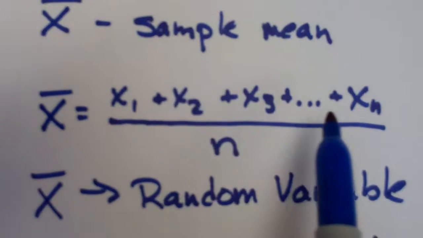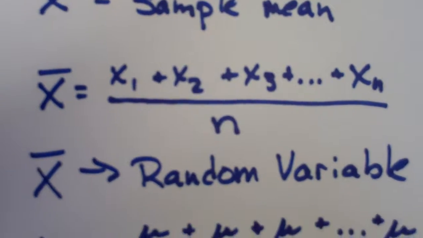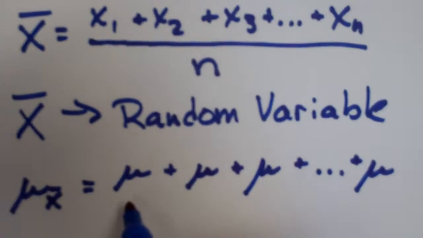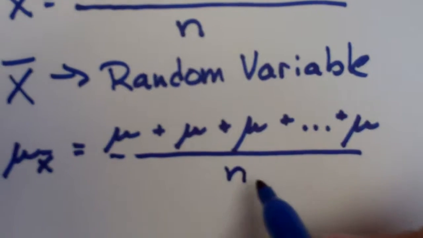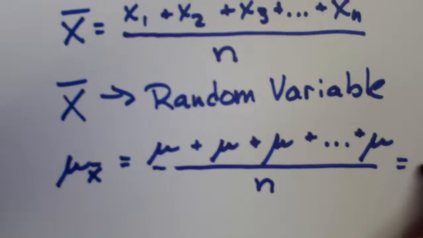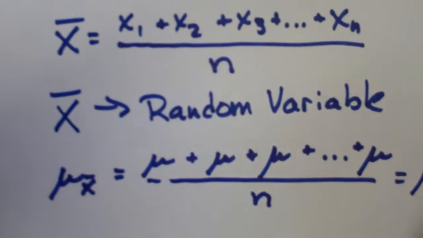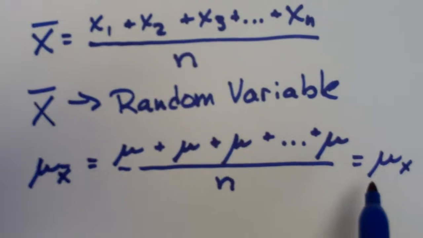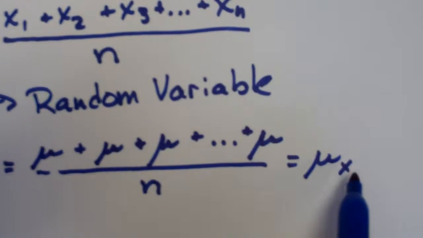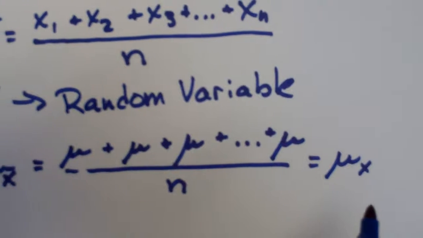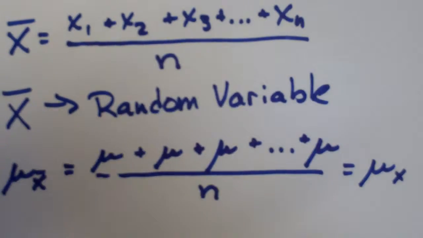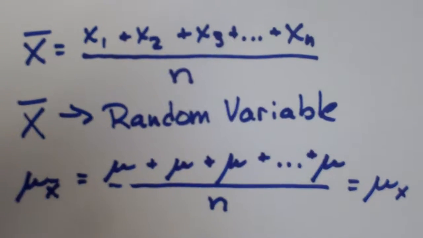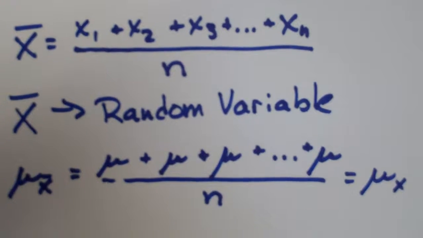So did this, and this, and this, because they all came from the same population. And so their individual means are each mu. And I divide by the number of samples. The expected value for X bar is the same as the expected value for X. And logically, that tells us that the mean of a sample is the same as the mean of the population.